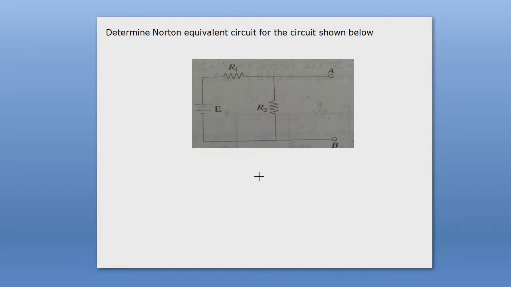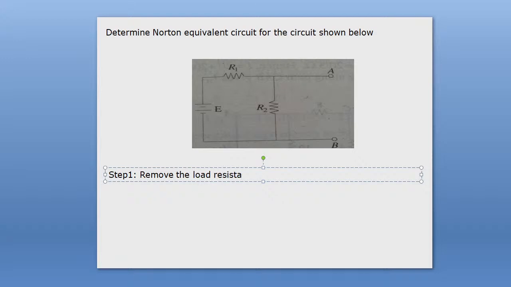You put a short circuit between terminals A and B. Step 1, remove the load resistance or any other branch element for which we need to calculate current or voltage.